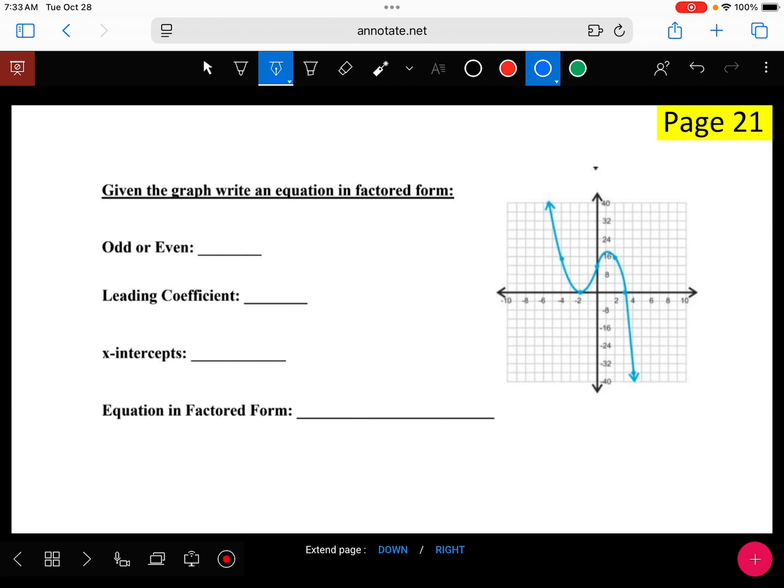All right, so Charles, what would you say, even or odd? Odd. Sabrina, would you say is positive or negative leading coefficient? Negative, good job. This arrow here tells me that it's negative because it's going down on the right, so it's negative.